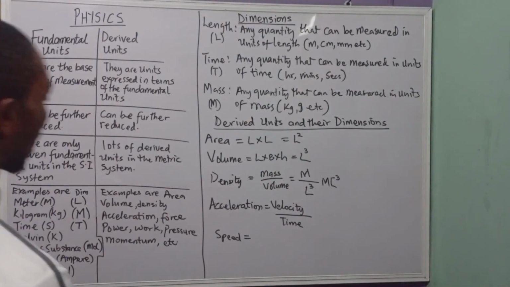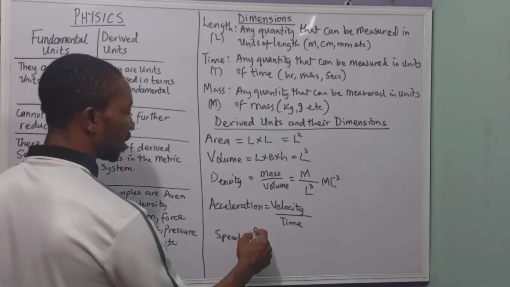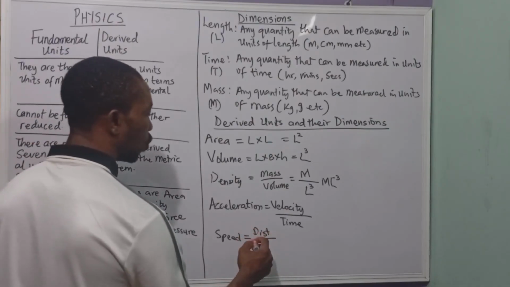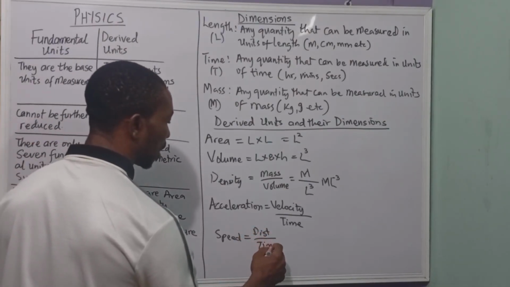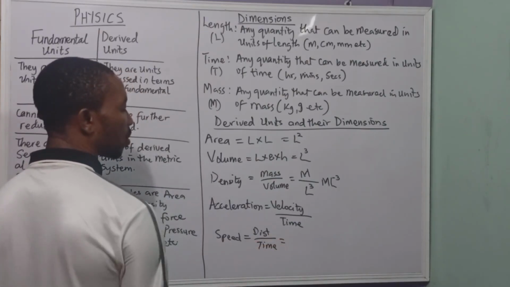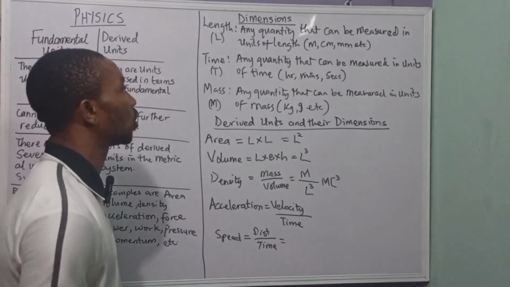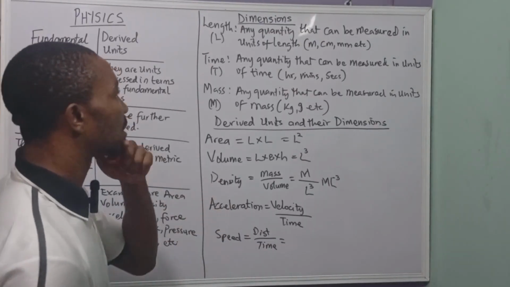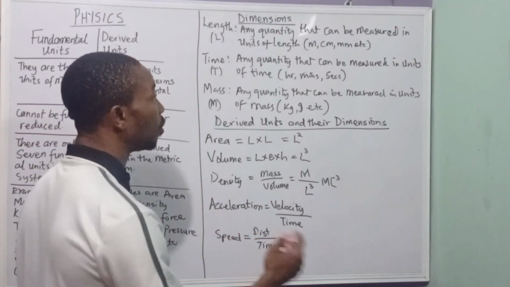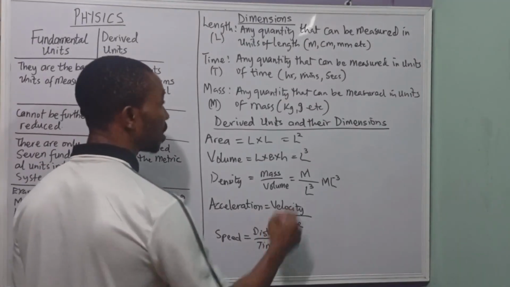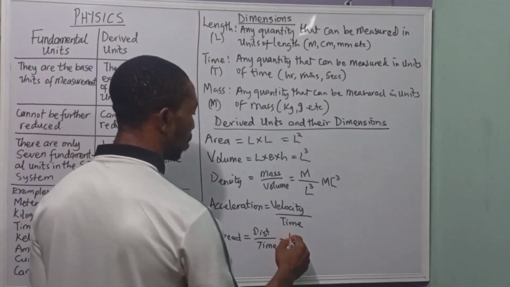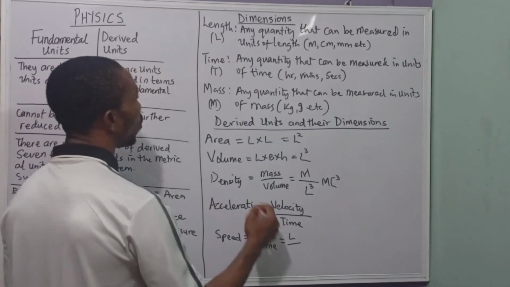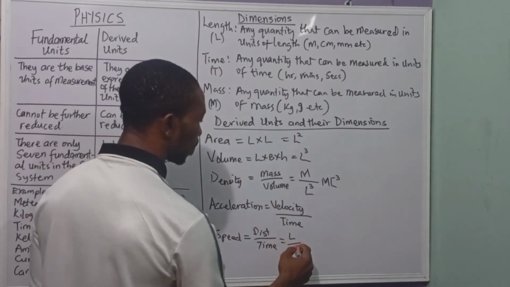Distance over time. That means our distance is measured in meters or centimeters or kilometers. So distance will be represented by L all over time, which is represented by T.